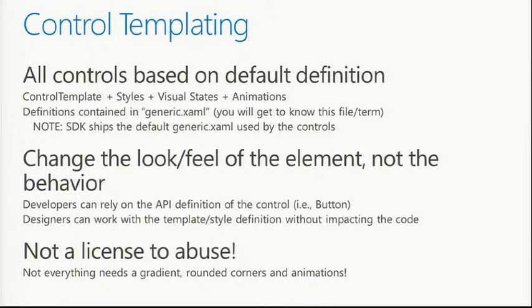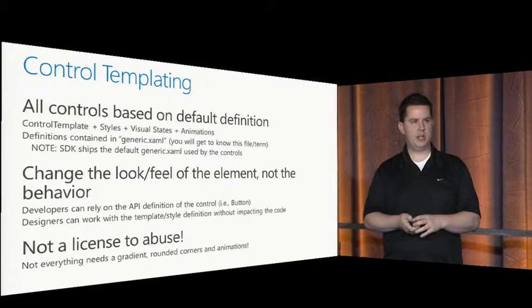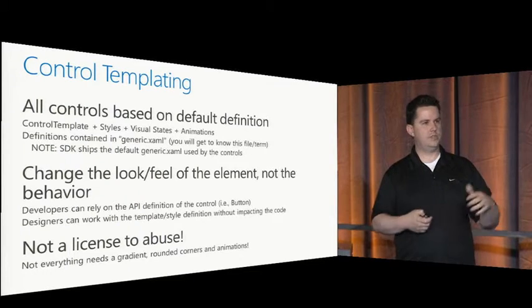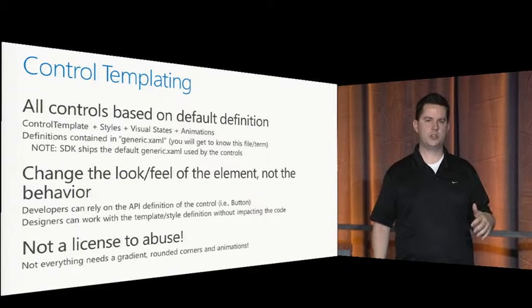And the definition, again, remember, is based on a control template, which kind of defines the visual structure, as well as styles, which you can think about as the attributes of that control. So these definitions are contained into something that is another common term you'll hear a lot about XAML called generic XAML. And we call generic XAML this massive dictionary that contains all the definitions for all the UI controls.